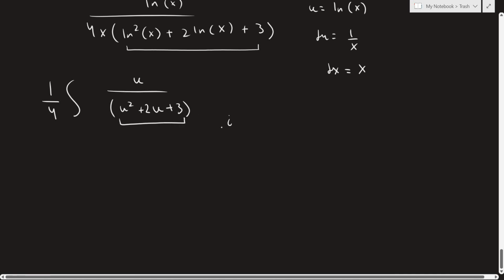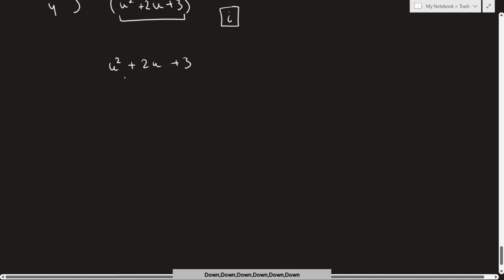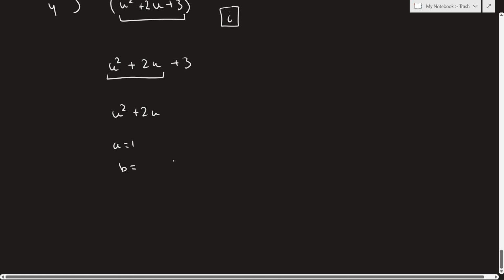If you put this in the calculator, you're going to find imaginary numbers. So what you'll have to do is find b squared. So u squared plus 2u plus 3. Take this part, just treat u as x. X squared plus 2x, it's the same if you're confused. So u squared plus 2u. Let's find b squared. We know a is 1 and 2ab is equal to 2u, or 2x.